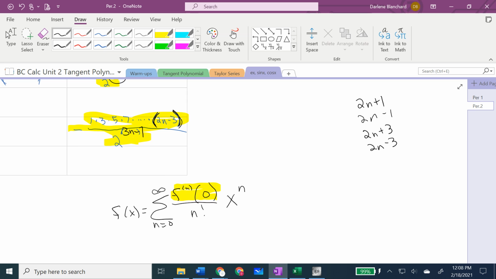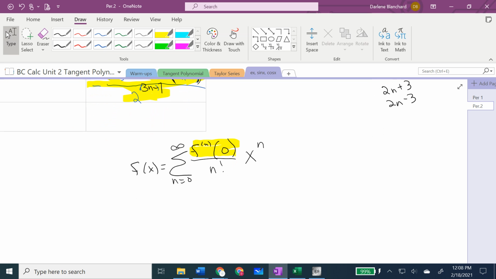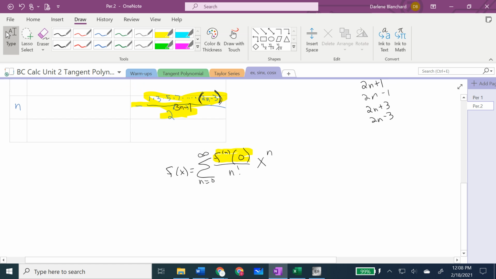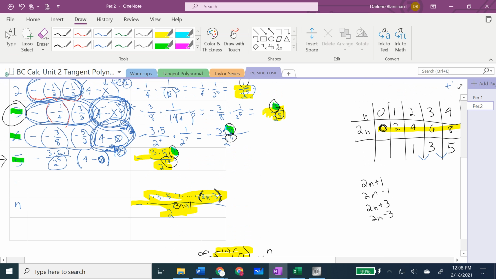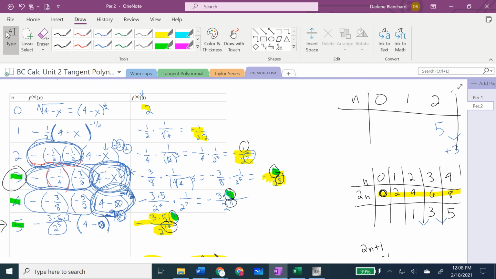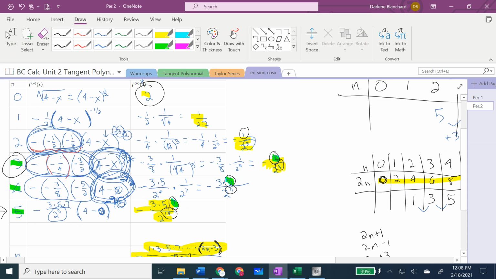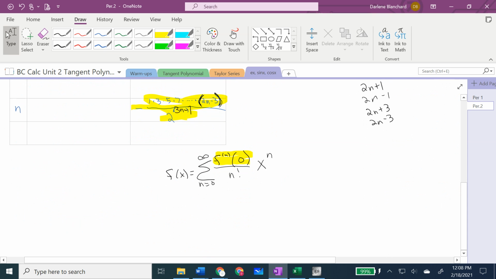If that happens, all you have to do is take out a first couple of terms, if those first couple of terms defy the pattern. For example, with this one, when n is equal to 0, I'm getting just f of 0, right?